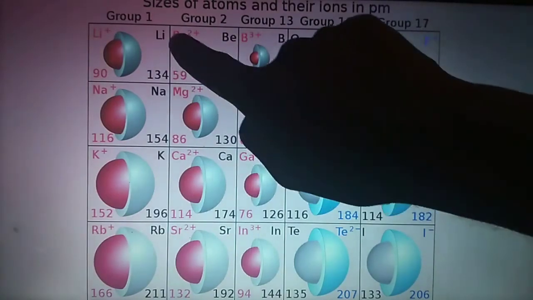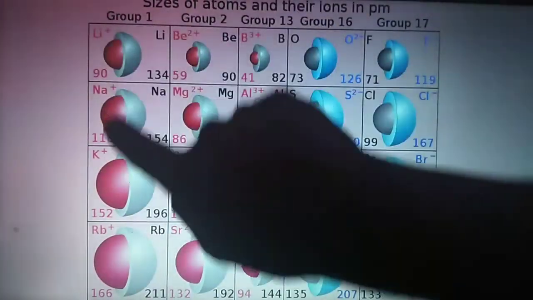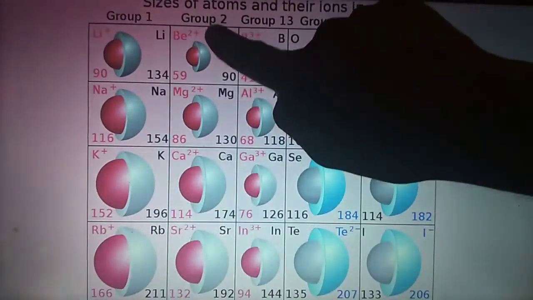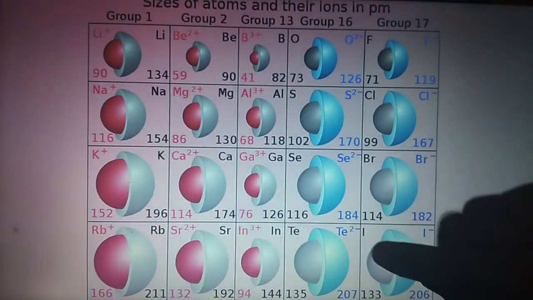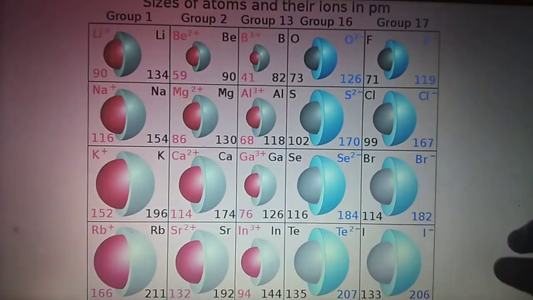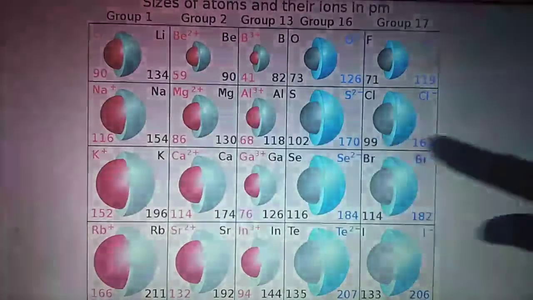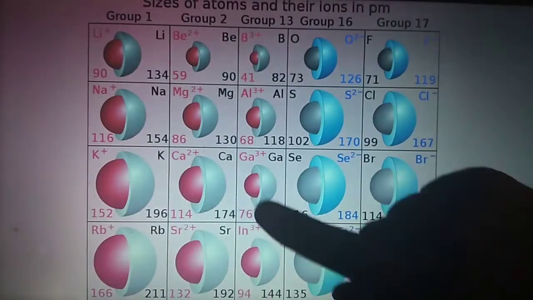And on this side we can observe that the size of atoms increases, size of cations also increases, right? But a very important thing to understand, now notice the periodic variation. First we are going to notice the atoms, just atoms part.